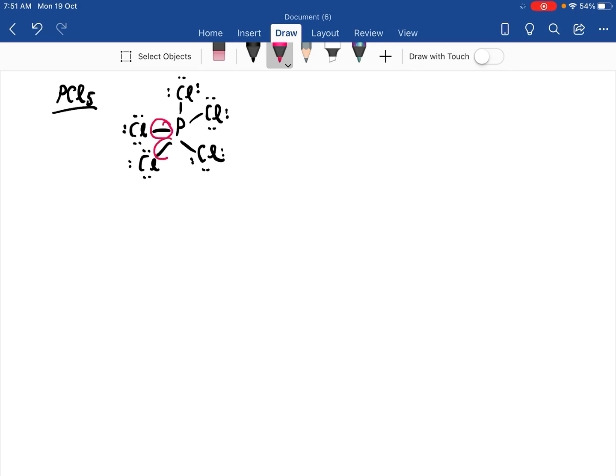If you look at phosphorus, it has formed 5 pairs of electrons, which exceeds the octet. So this is one example of an expanded octet molecule. With 5 pairs of electrons, the electron arrangement is trigonal bipyramidal.